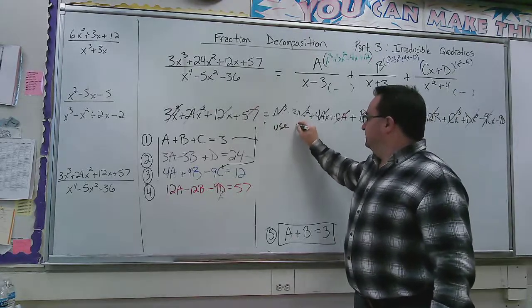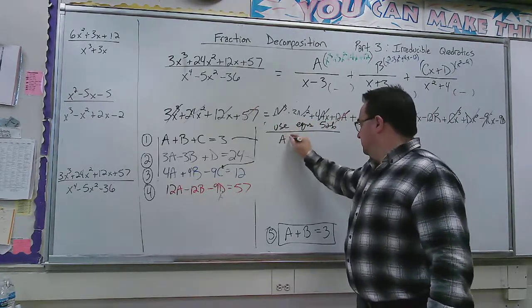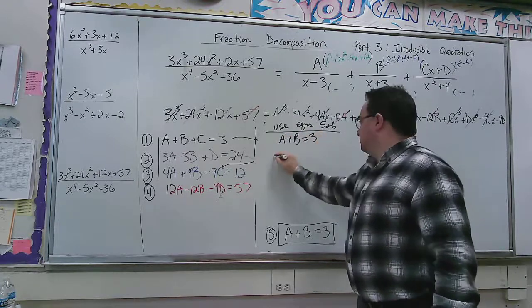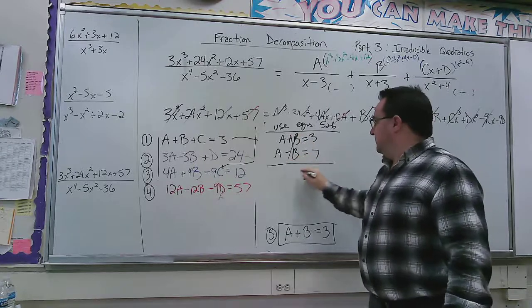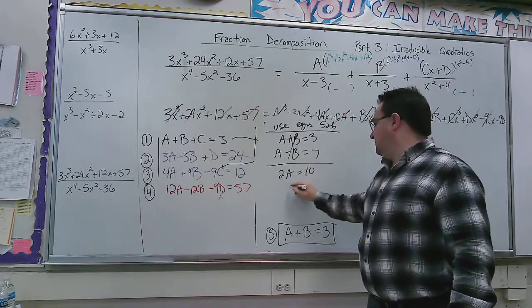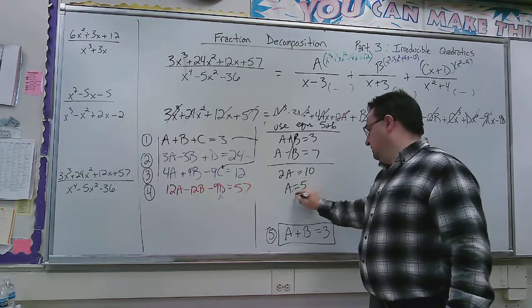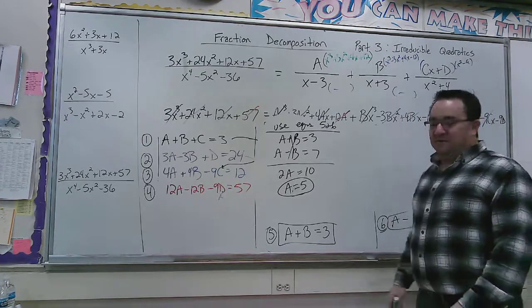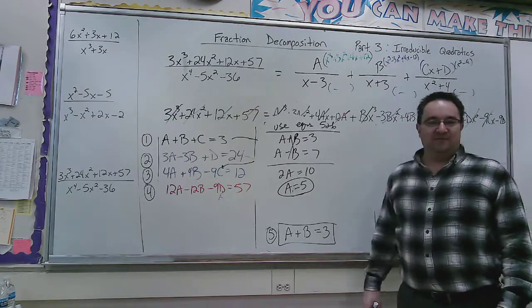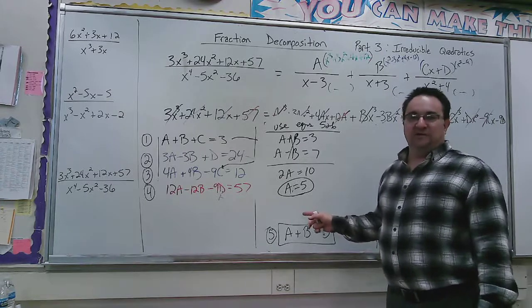I'm going to use equations 5 and 6. So these drop out, and I get 2A equals 10, A equals 5. Stop and enjoy that for a minute. That is a good feeling when you've got all this work and you knock out your first one. So once I have A, it's all downhill from here.